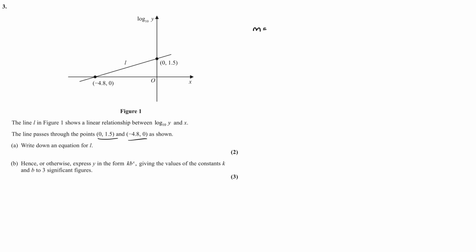So take one away from the other. Let's start with this first one here. So we'll start with the 0 and the 1.5. So it's the difference in y's. So 1.5 minus 0 over 0 minus 4.8. And this gives me the value 5 over 16.